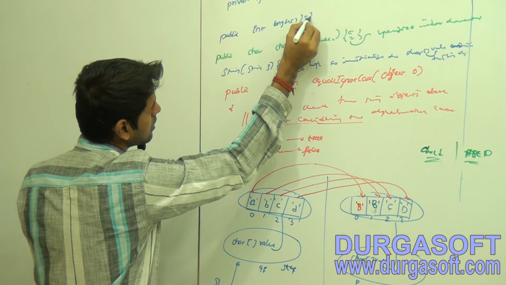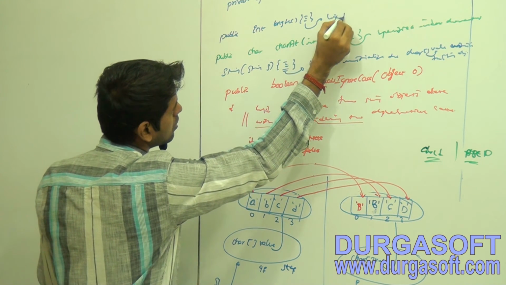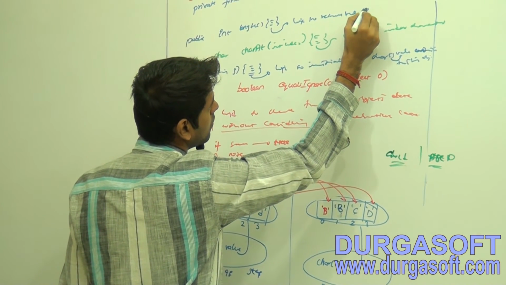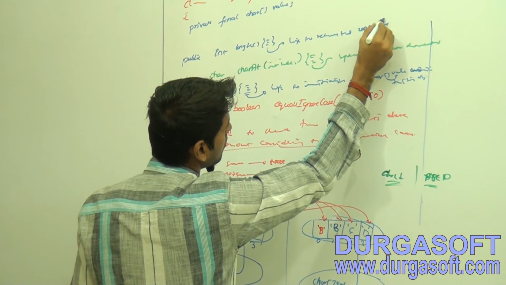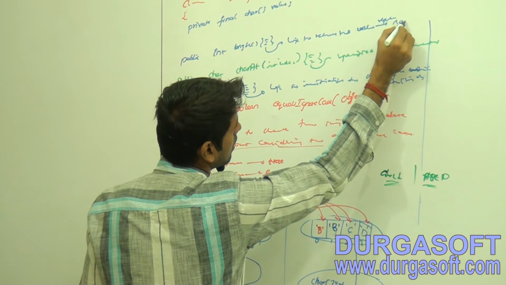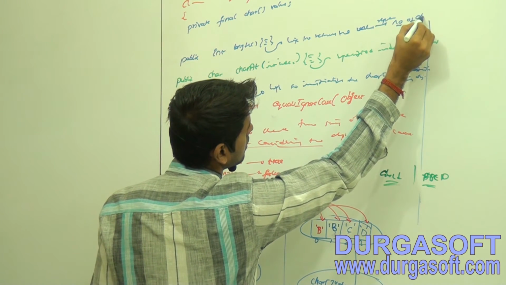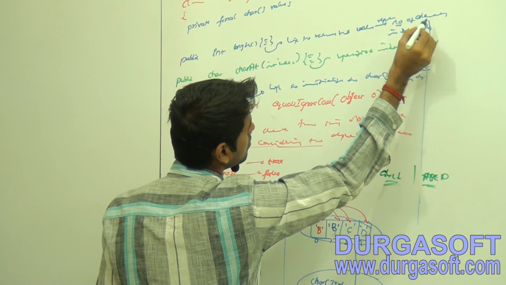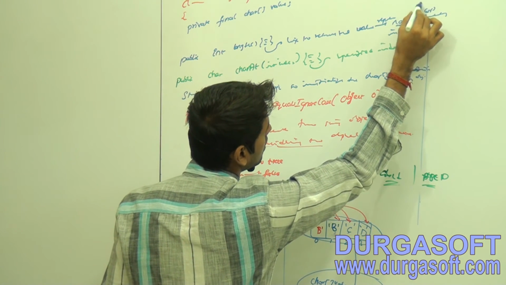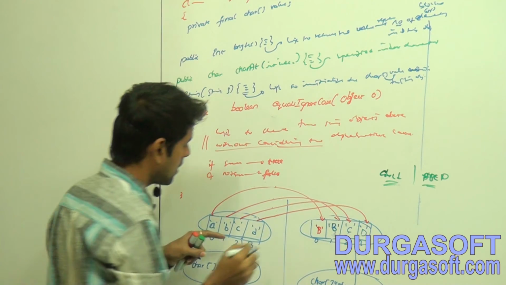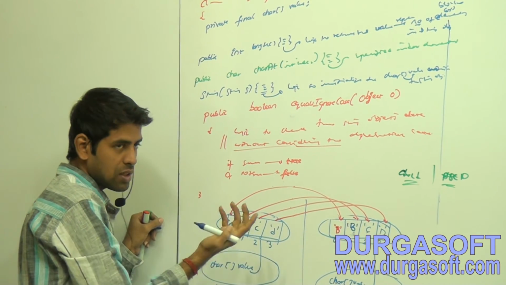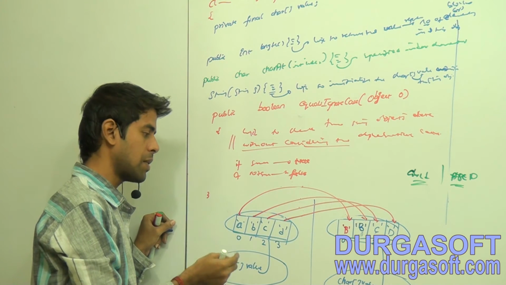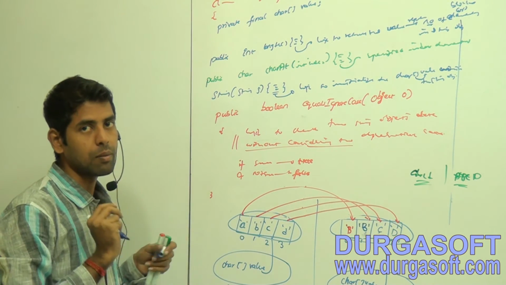This method has logic to return the value which represents the number of elements in the string object. This number of blocks is equal to the number of elements only, right? Yes, I can say number of blocks or number of elements.